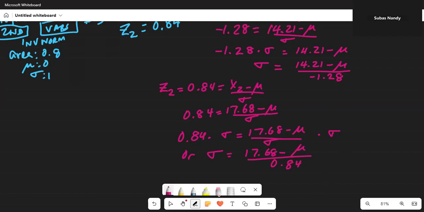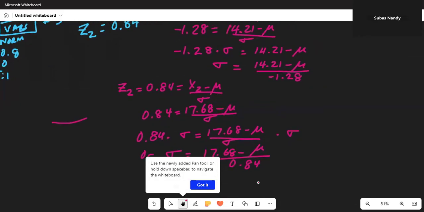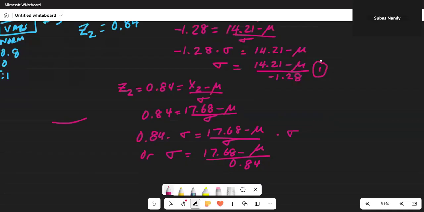So we have got two equations for sigma. The first equation is this one. This is equation 1 for sigma. This is equation 2 for sigma.